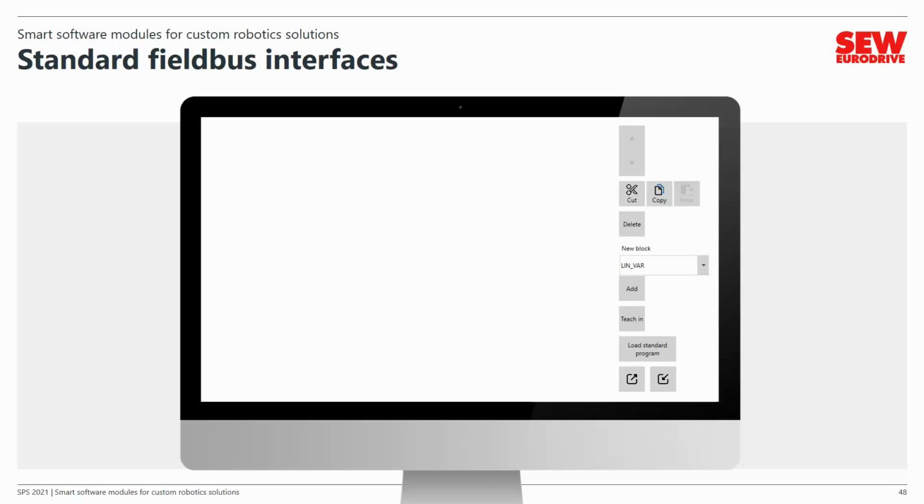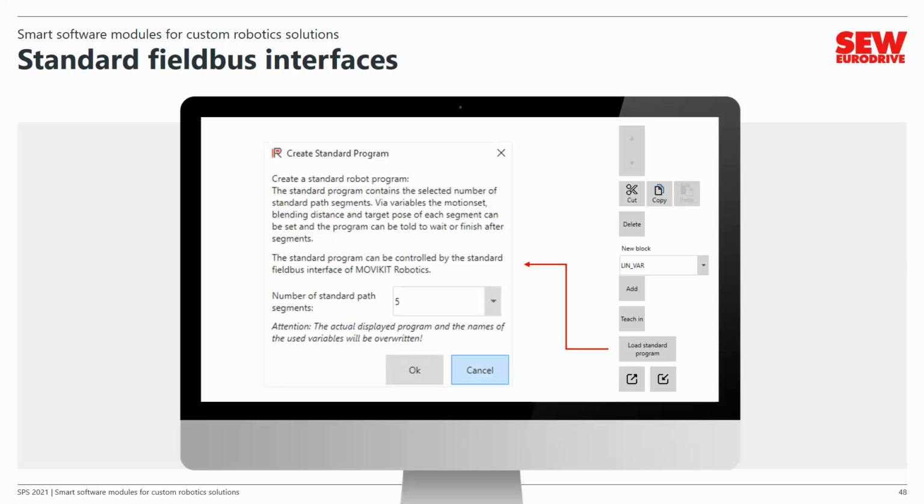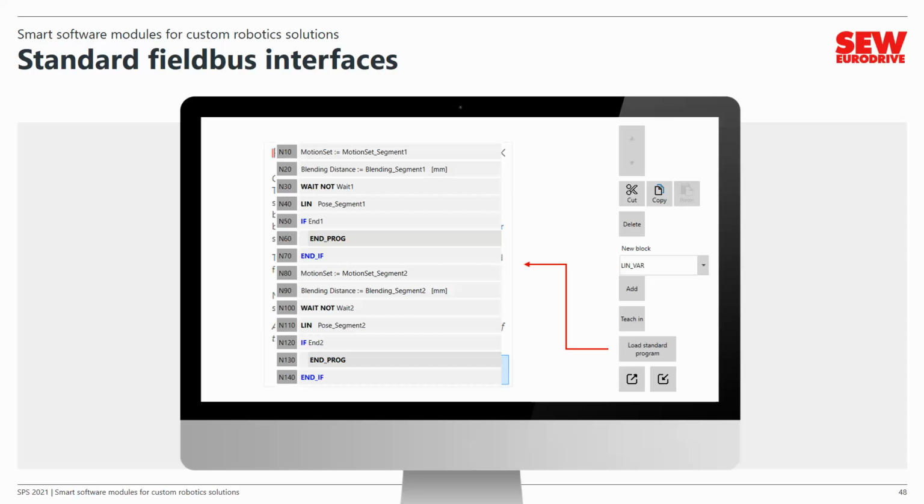Standard fieldbus interfaces with automatically generated compatible robot programs are available for the optional simple connection to a higher level system controller on the one hand, and the flexible expandability of the interface is available for custom adaptations on the other hand.